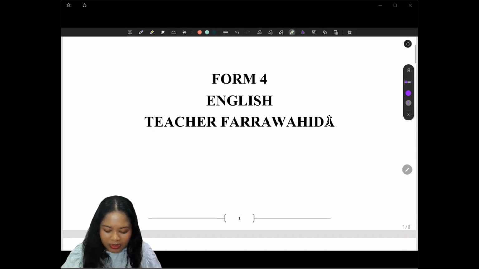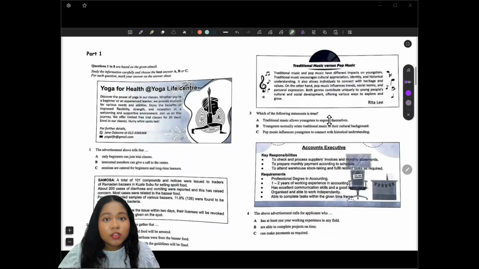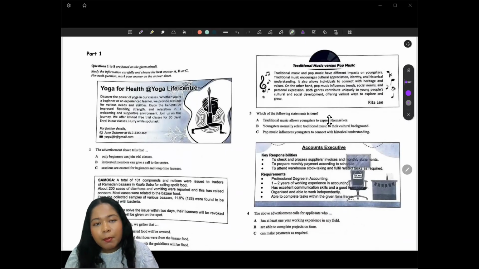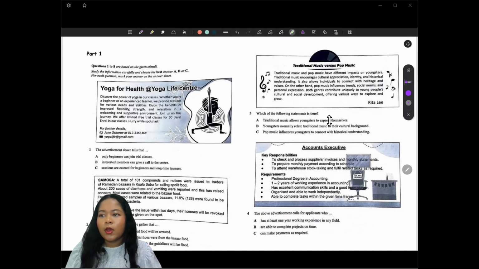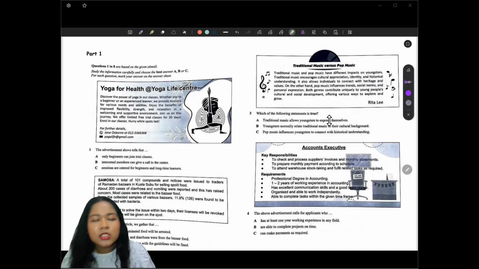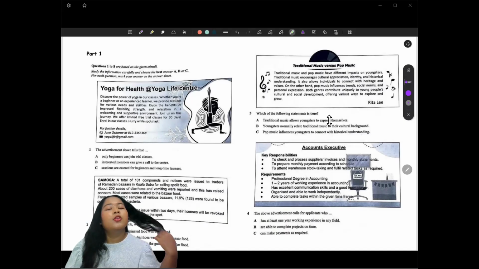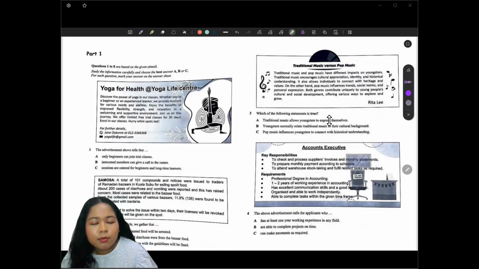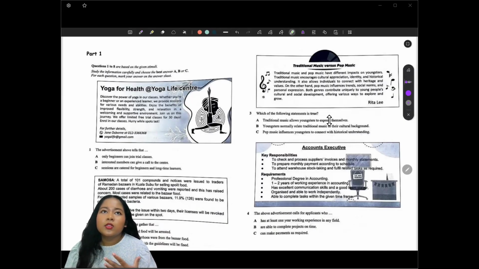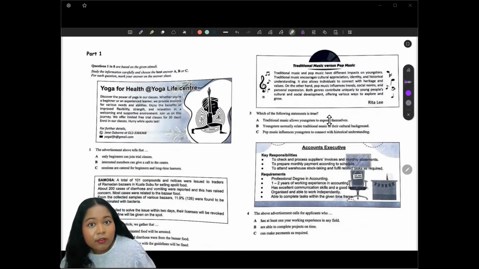Since this is an English paper, today we are going to do Paper One. Paper One is mostly known as the paper with MCQ questions, where you just blacken the dots. You will be given the OMR question paper, also known as kertas objektif in Malay.